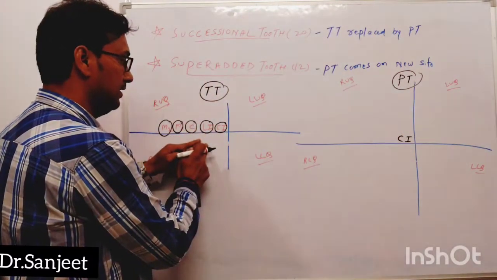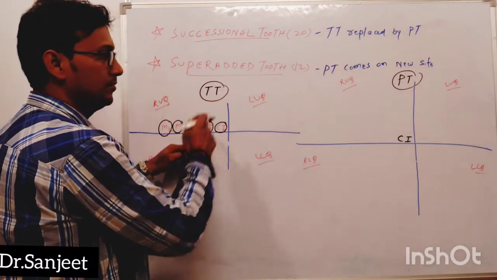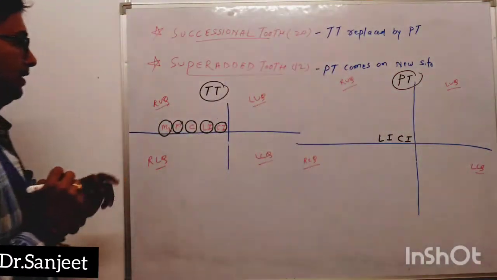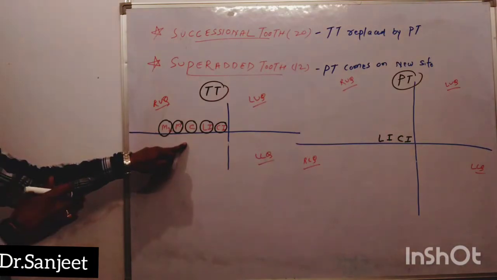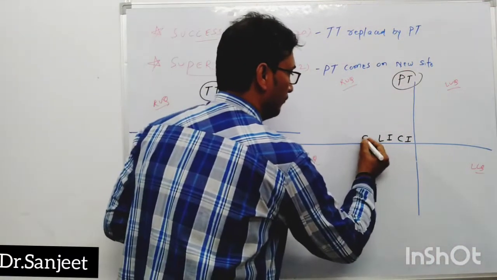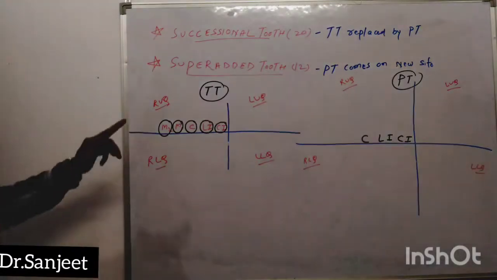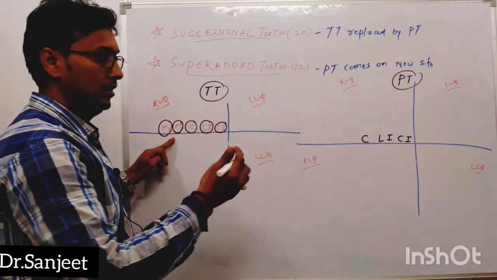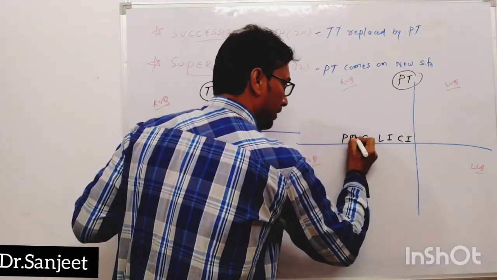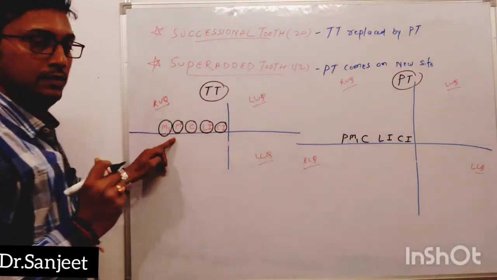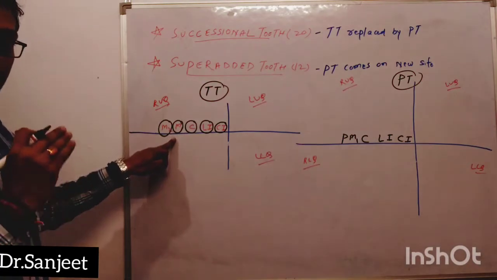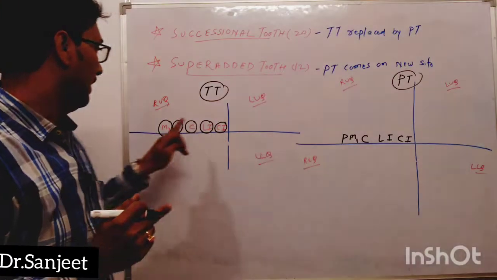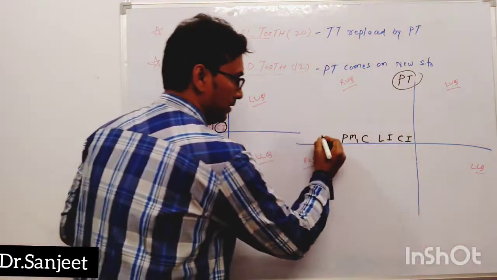Then temporary lateral incisor is replaced by the permanent lateral incisor. Then temporary canine is replaced by the permanent canine. Then molar 1 of the temporary tooth is replaced by premolar 1 of the permanent tooth, at the same site, and molar 2 is replaced by premolar 2.